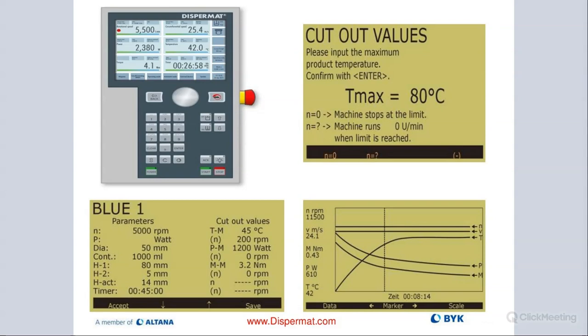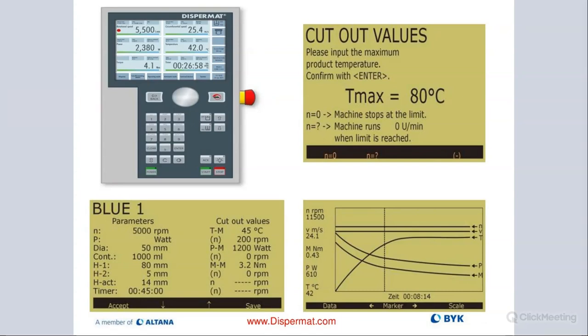And then on the bottom here, just giving you an example of a color, blue 1, and all the parameters as they are stored for that batch. So the next time you're running blue 1, you can use exactly the same parameters: H1, H2, the threshold settings, the container diameter, the diameter of our blade, the time, the temperature cutoff values.